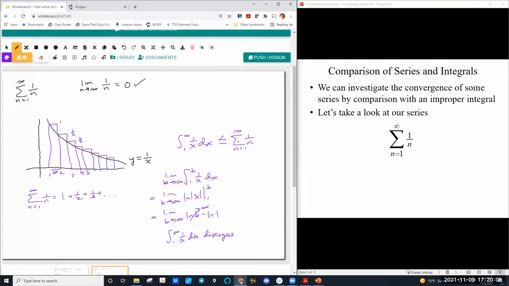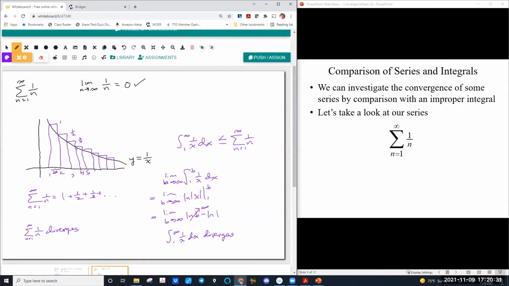We have something that is bigger than something that diverges. This is basically akin to our comparison test. So this series must diverge. So we know that the sum from n equals 1 to infinity of 1 over n diverges.